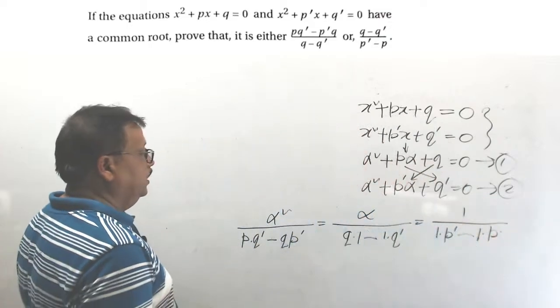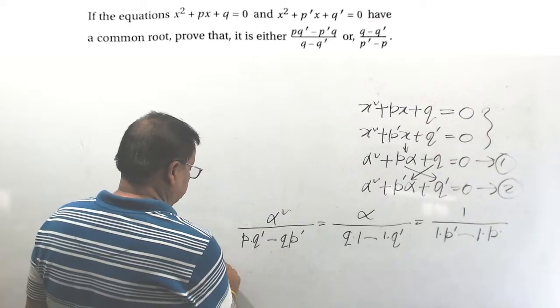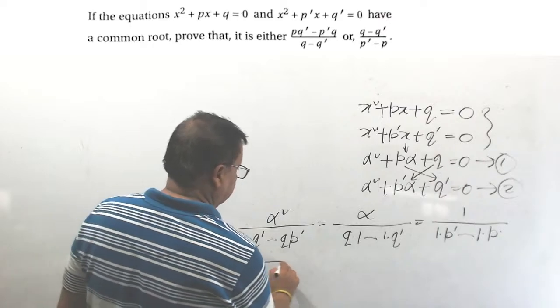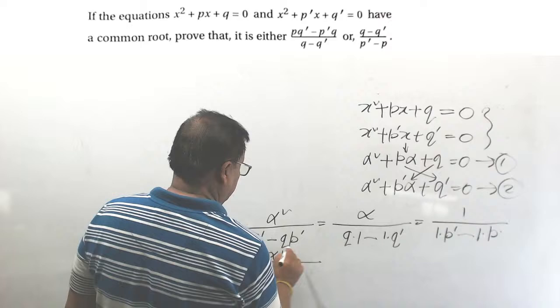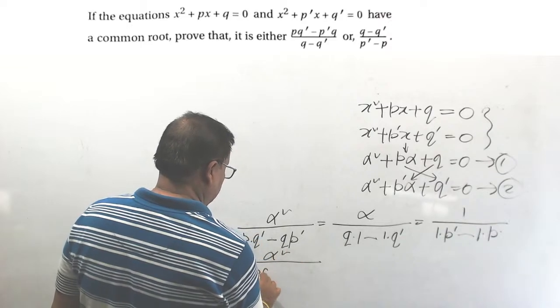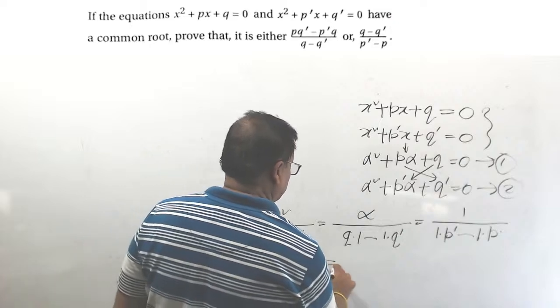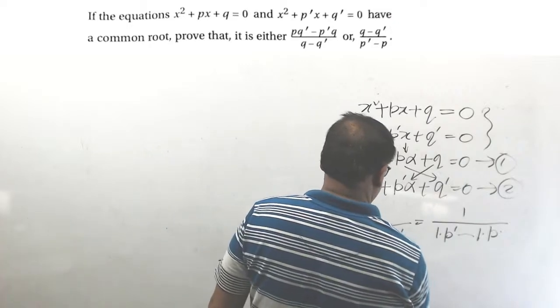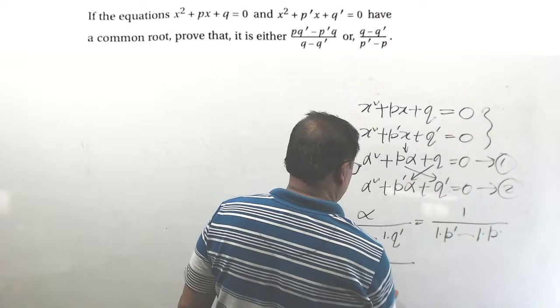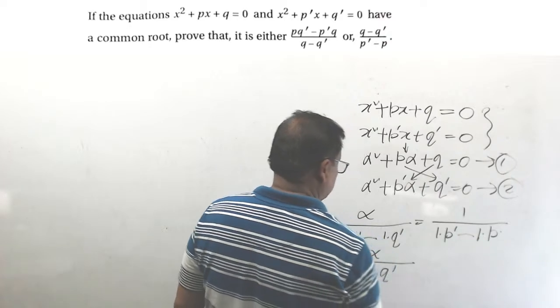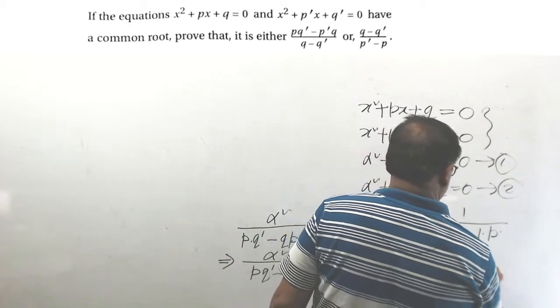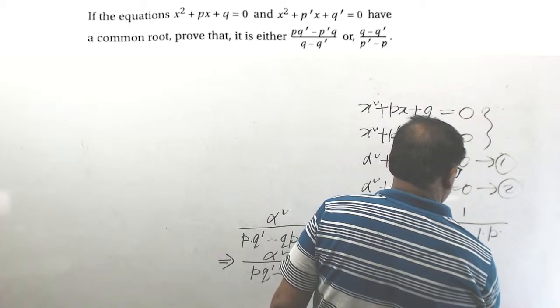Now see, this implies alpha square by p q dash minus q p dash equals alpha by q minus q dash, equals 1 by p dash minus p.